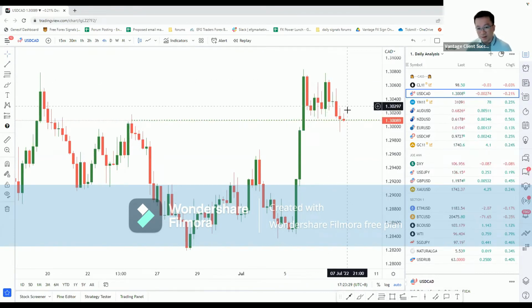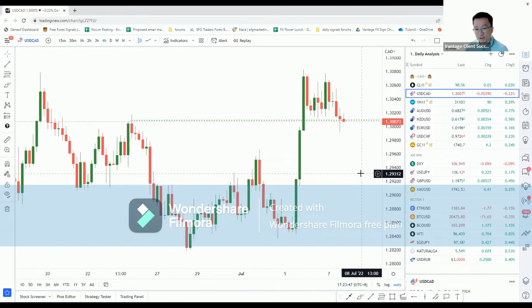What I anticipate here is that we might actually see this track back down, because, like we were just looking at the Aussie dollar, we might see some dollar weakness come back into play. And also, the Bank of Canada has actually been quite hawkish, or markets have been considering the Bank of Canada to be quite hawkish with a potential 75 basis points rate hike to come.